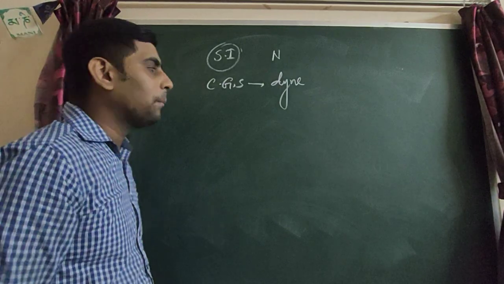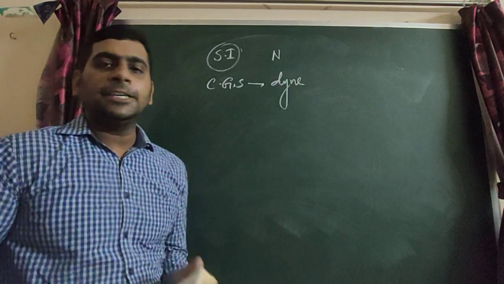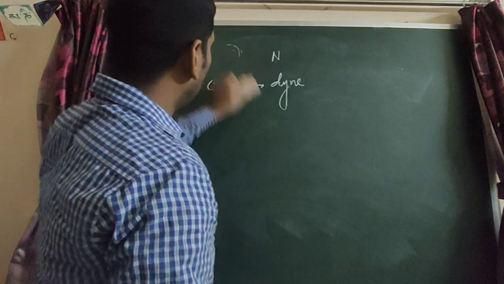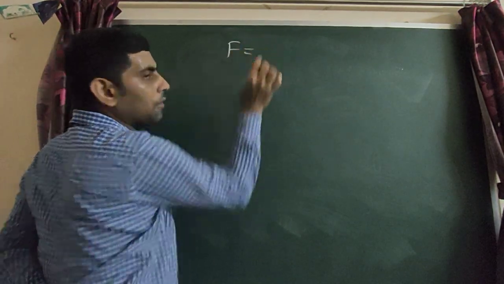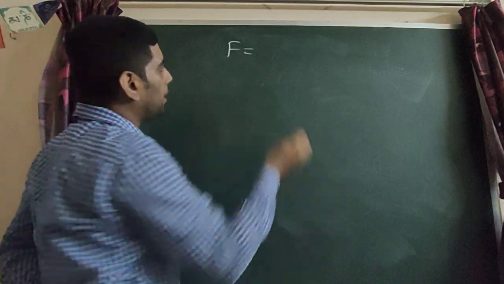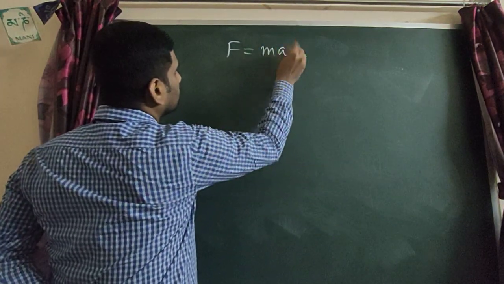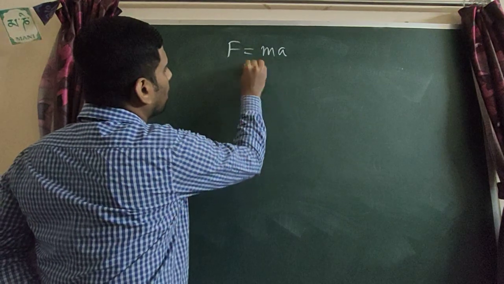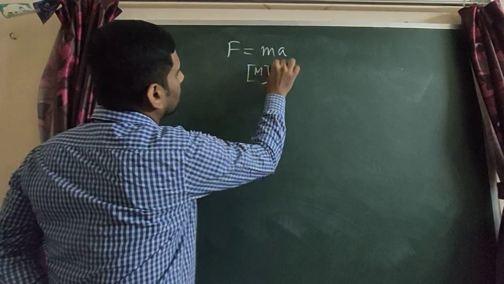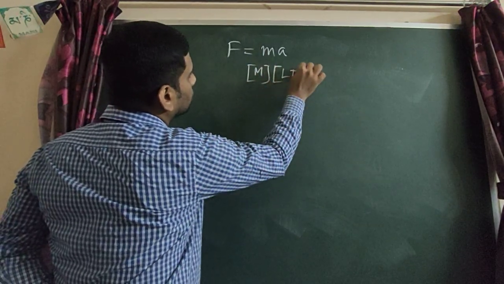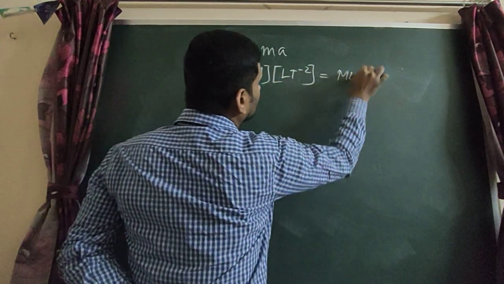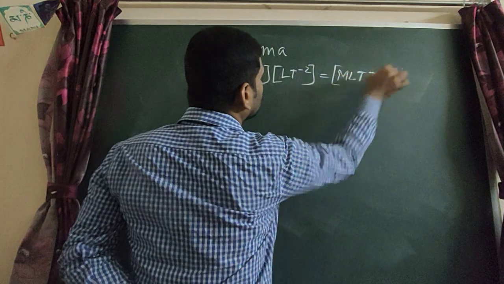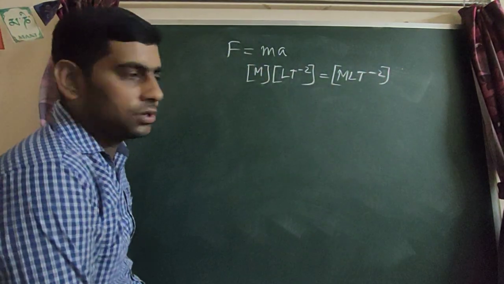Let us check how. What is the dimension of force? In case you have forgotten, let me just remind you, force equals mass into acceleration. So dimension of mass is m and dimension of acceleration is L T to the power minus 2. So together it becomes m L T to the power minus 2. This is the dimension of force.